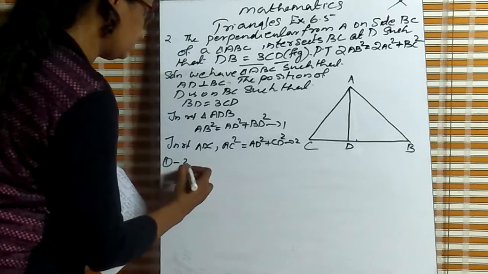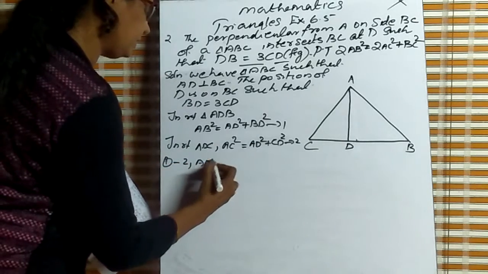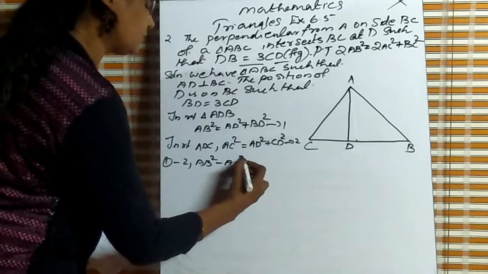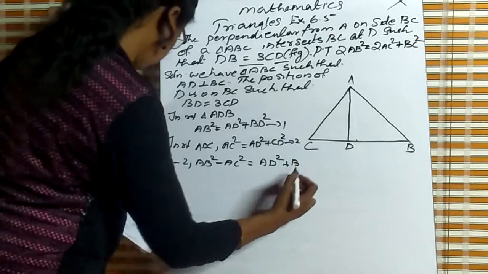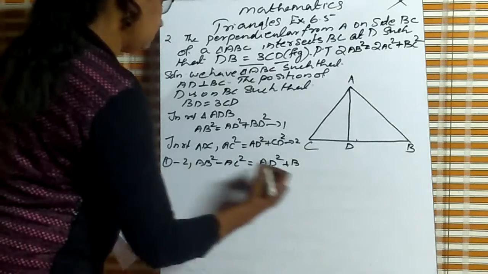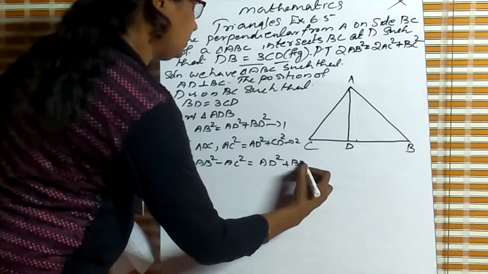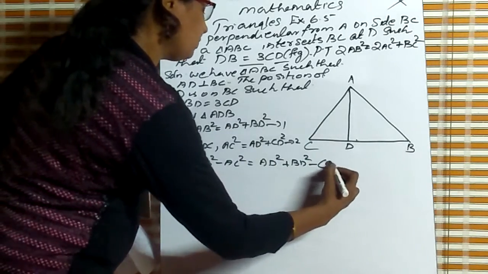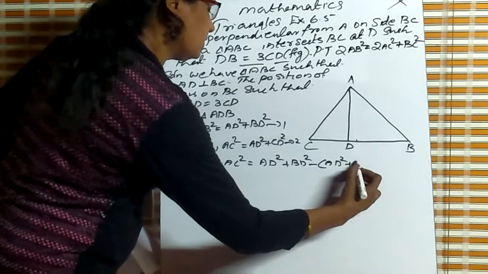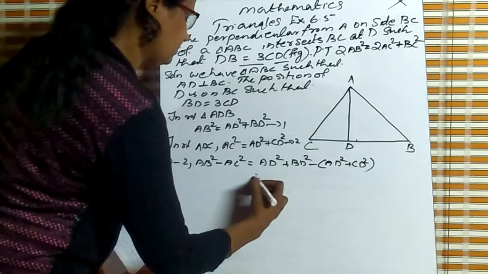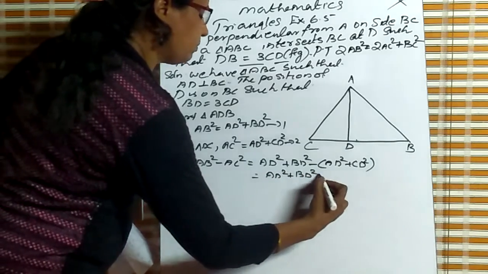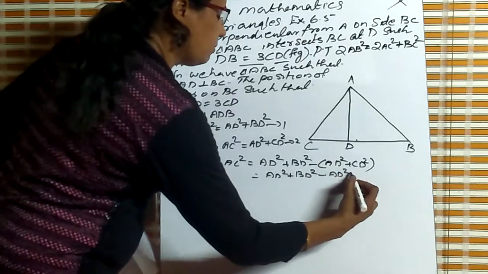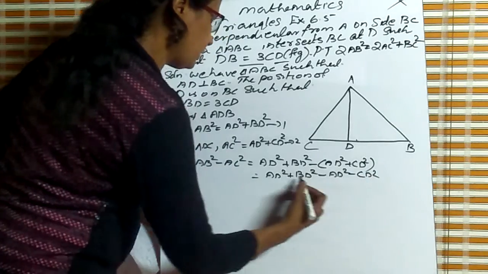1 minus 2 is AB square minus AC square is equal to AD square plus BD square minus of AD square plus CD square, equals AD square plus BD square minus AD square minus CD square.